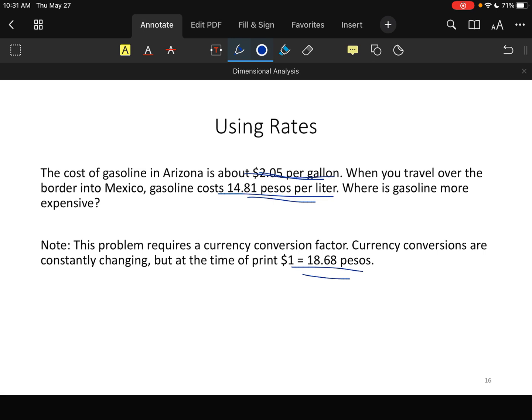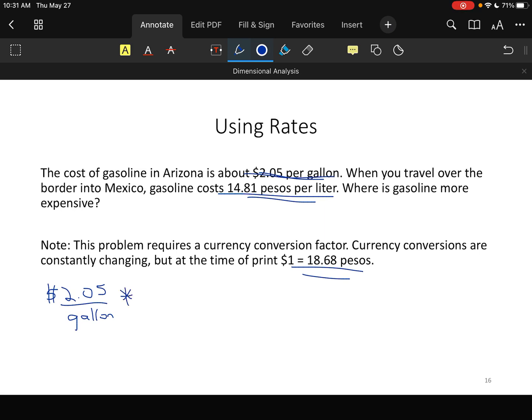So let's go from $2.05 per gallon. Now we need to compare these prices. We need to go from dollars per gallon to pesos per liter. So then what we're going to do is multiply.